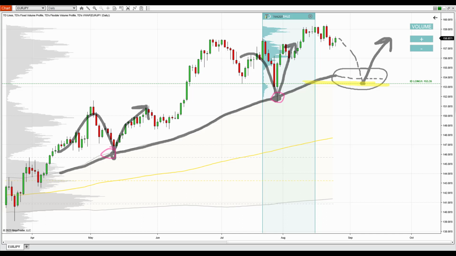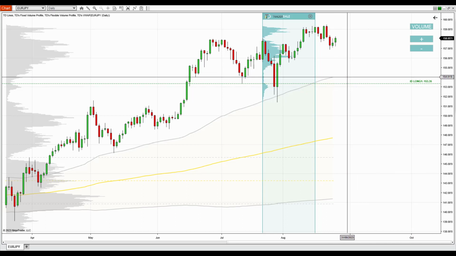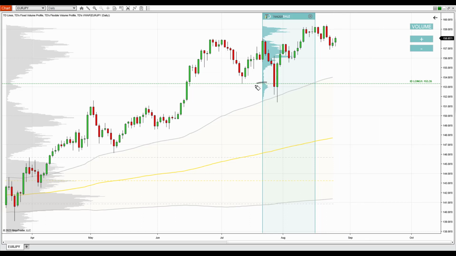So hopefully the first deviation will stay somewhere around the level. There'll be this pullback, it will hit the first deviation of the VWAP and also this volume cluster, and in that case we would have that double confirmation of the level, and it would be a nice long from there. Right, so that would be the ideal scenario.